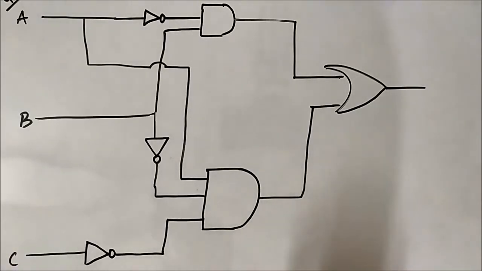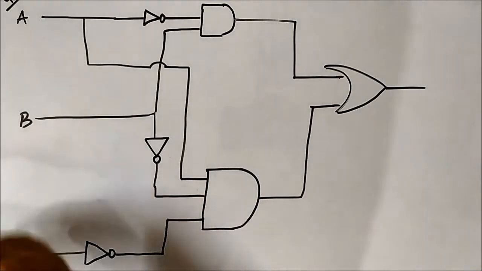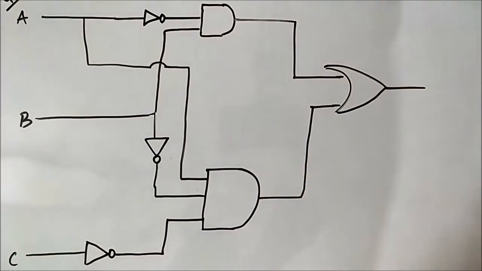So this is the 6th question that we'll discuss about determination of the output expression of a given logic circuit. Here, this circuit looks a little bit tricky, a little bit complex, but it's very easy.